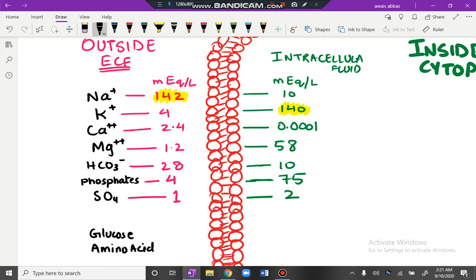Let's just talk about the chloride ion. Let me place the chloride ion over here, and this chloride ion is actually 103 milliequivalent outside, whereas when you are talking about chloride ion inside the cell, it is 4 milliequivalent per liter.